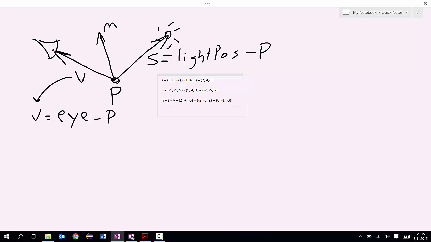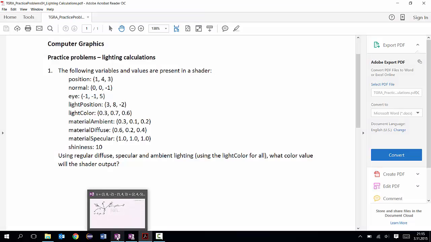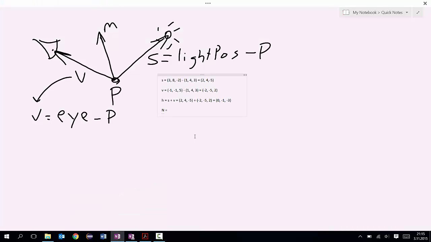Okay, and we can also write in here our normal n, which equals 0, 0, minus 1.